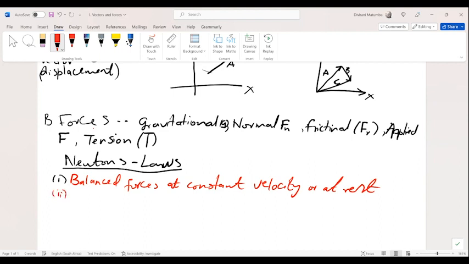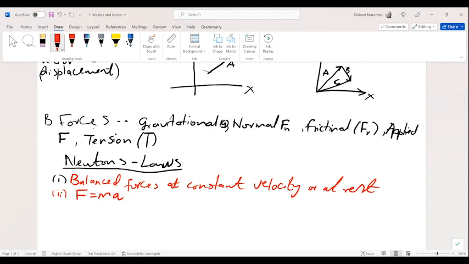Number two, Newton's second law, F equals ma, meaning whenever there's a resultant force, because Newton's first law said a body will remain at rest or continue to move at a constant velocity unless a resultant force acts on it.